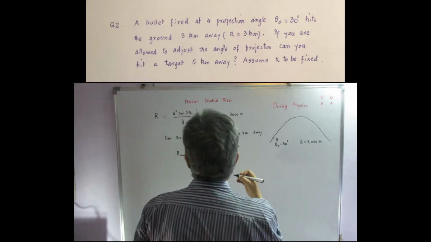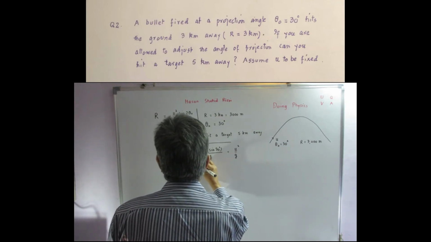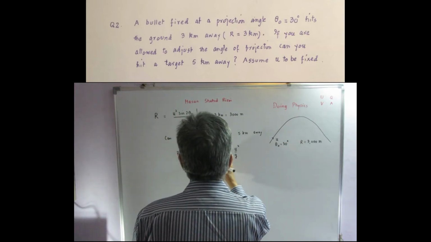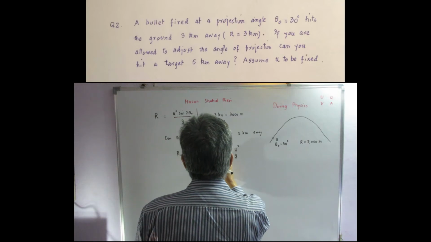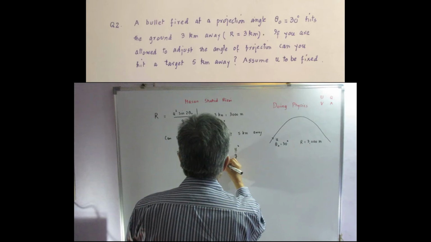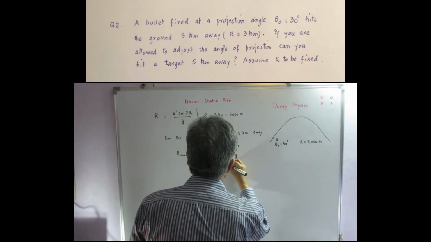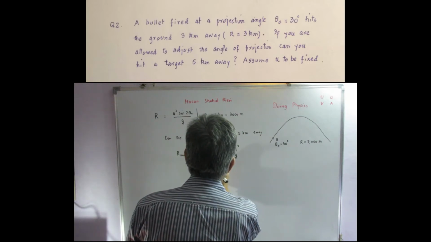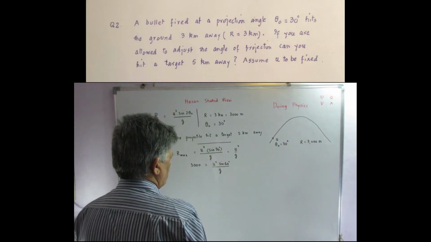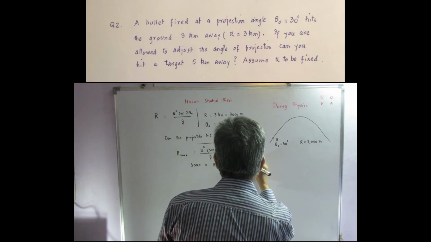So in the first case, we have 3000 on the left hand side is equal to u square sine of 2 theta naught, where theta naught is equal to 30 degrees, so sine of 60 degrees, divided by g. So this relation gives us the value of u square upon g.